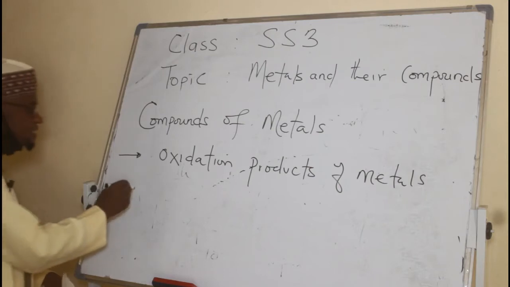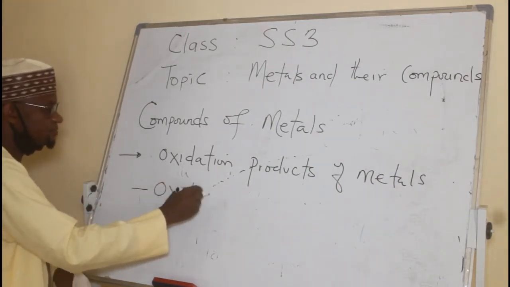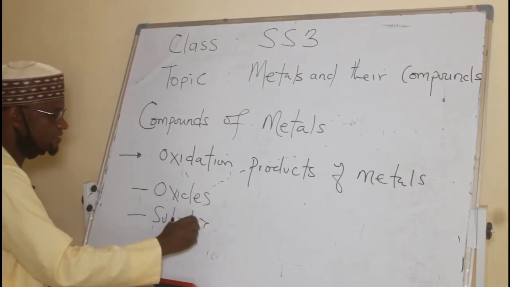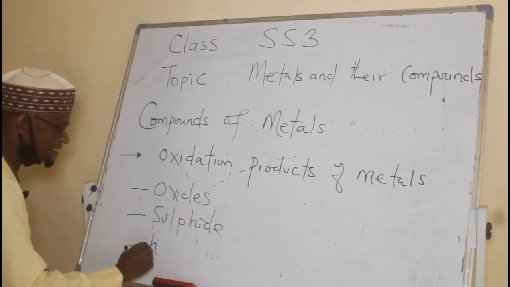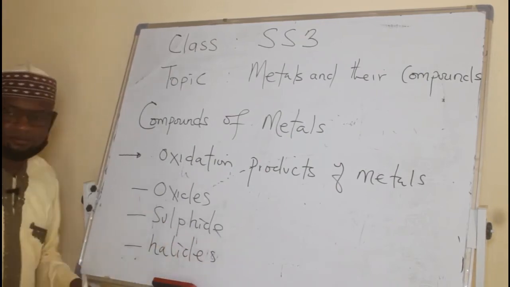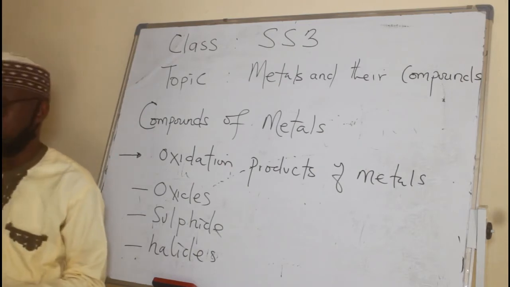The examples are this: the oxides, the sulfides, the halides, and so on. So these are the typical examples of the compounds of metals.